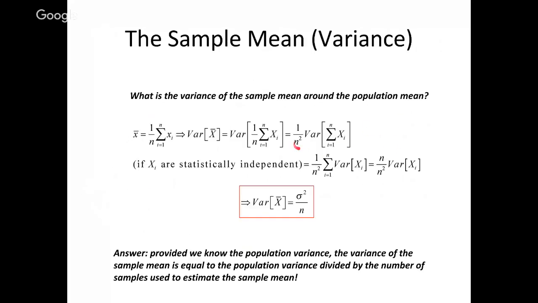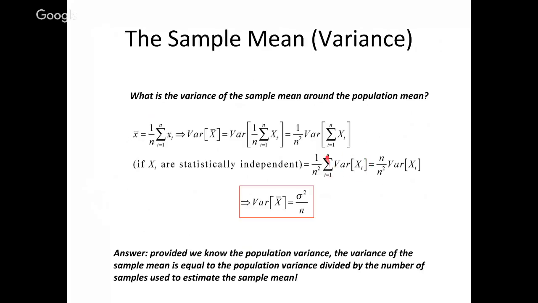So under the condition that xi are statistically independent, this expression becomes the sum over i equals 1 to n of the variance of xi. Of course, we recognize that as the variance of the wild population, and that's just a single number, sigma squared.